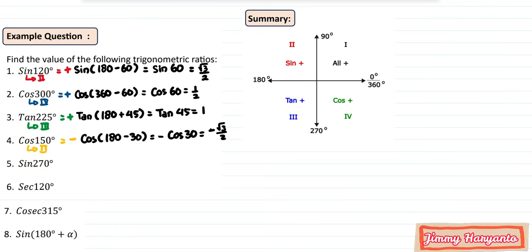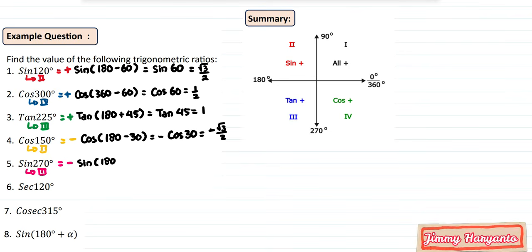Next is sine 270. 270 lies in between the third and the fourth quadrant. So if you have an angle that lies in between, you only have to choose one of them. It can be the third or the fourth. It will give you the same result. Let's say I choose the third. Sine in the third quadrant is negative, and then I will change the 270 using 180 as the reference.